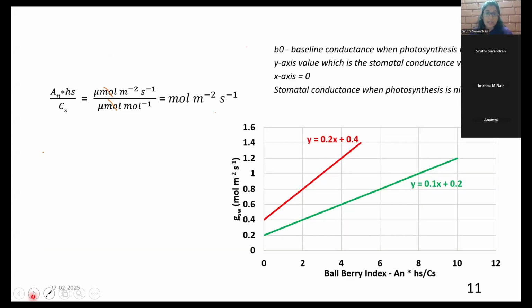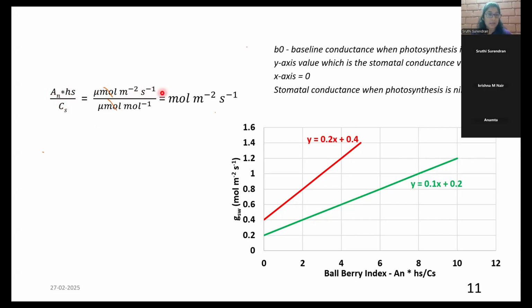Now, in this Ball-Berry equation, this ball index that you see, An into Hs by Cs, let us go deeper into the unit of that. We know that assimilation rate is always represented as micromoles per meter square per second.